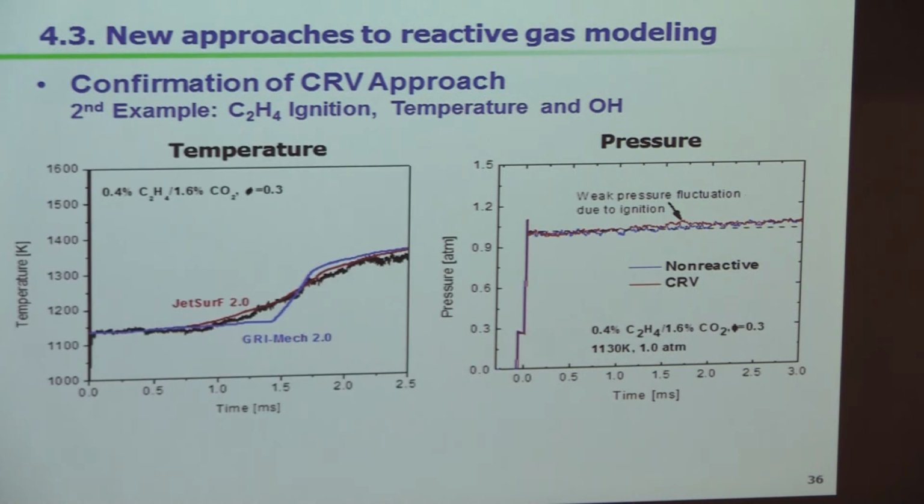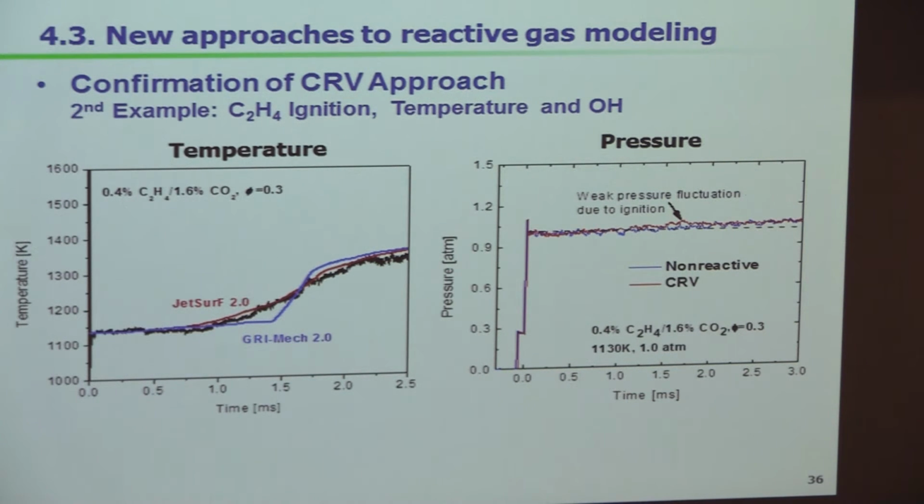This is ethylene ignition. Okay, so now if we use a temperature sensor, which we measured by including some tracer of CO2, we can measure the temperature, and what you see is that the temperature agrees pretty well with this model called JetSurf. So if you remember from thermodynamics, for an adiabatic system, dH is VdP.